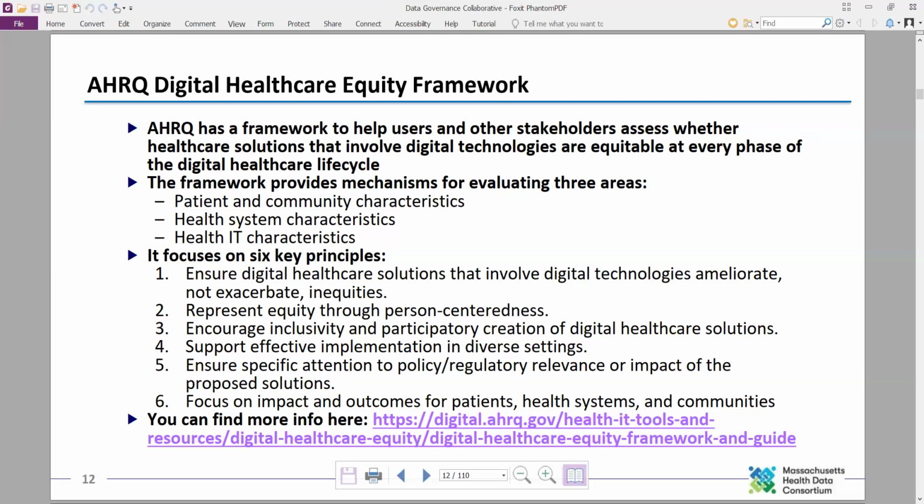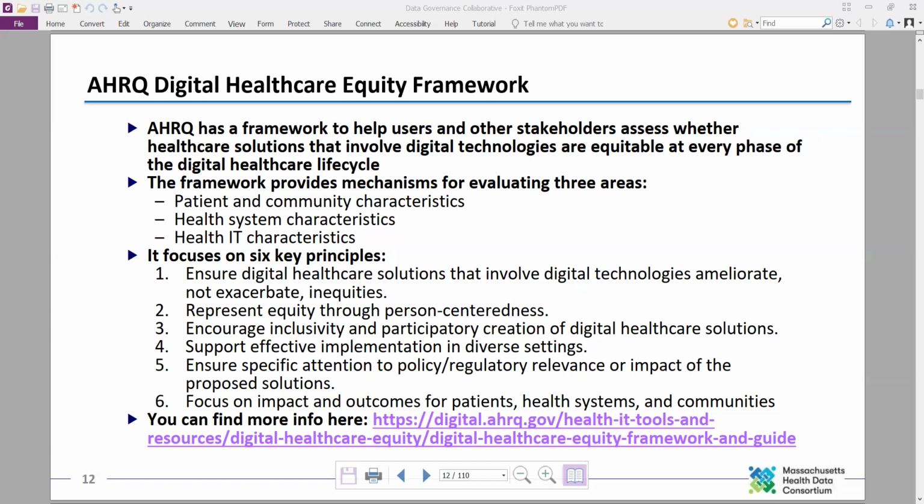Within those, it looks at six key principles. Make sure that any digital technologies involved help ameliorate and not exacerbate inequities; that you try to be person-centered, and that's how you deal with equity, looking at what each person needs in the process; encourage inclusivity and participation in the creation of digital healthcare solutions; support implementation in diverse settings in ways that make sense for each of those settings; look at the policy and regulatory relevance or impact of solutions, which I guess is there because so much of the current policy and regulation is aimed at trying to improve health equity; and then focus on impact and outcomes across those three areas we talked about above.